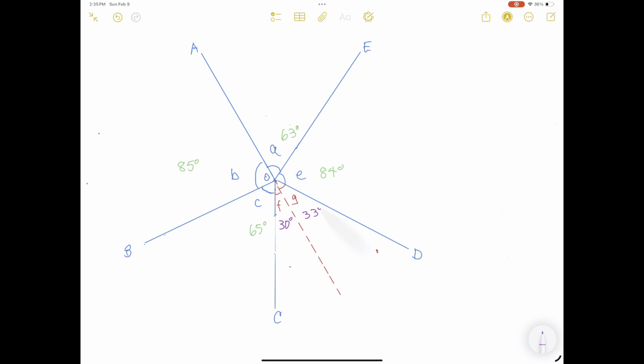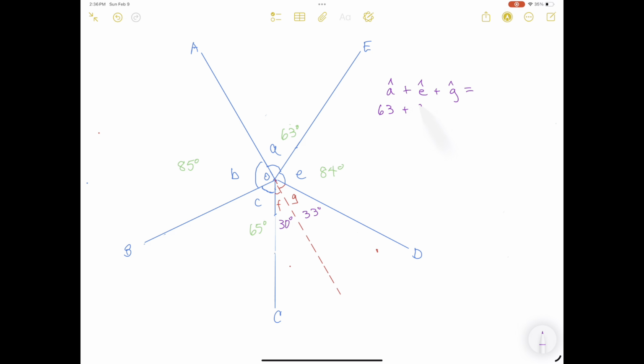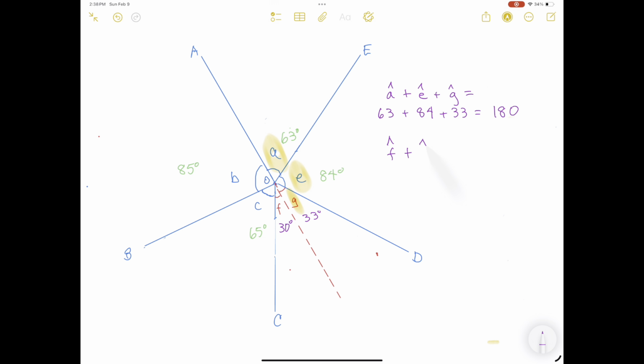From this figure, we can see that angles A, E, and G are adjacent angles on a straight line, and they do add up to 180 degrees. On the other side of that straight line, angles F, C, and B are also adjacent angles on a straight line. F, C, and B also add up to 180 degrees.